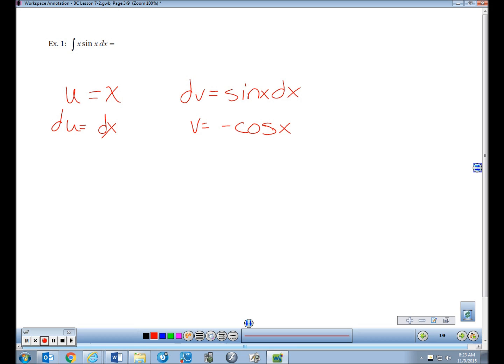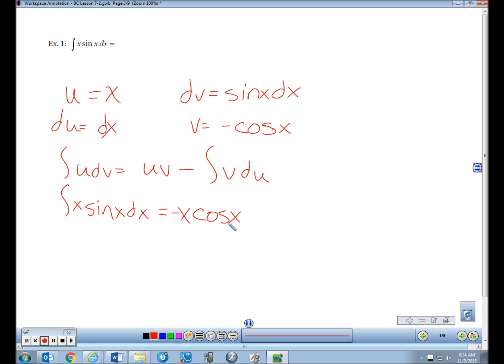Now if we use our formula, again we have the integral of u dv is equal to u times v minus the integral of v du. This becomes the integral of x sine x dx is equal to u times v, x times negative cosine x, minus the integral of v, which is negative cosine x, so we'll just change that to a plus, times du, and du is just dx.